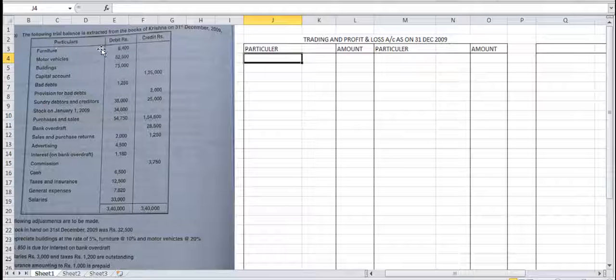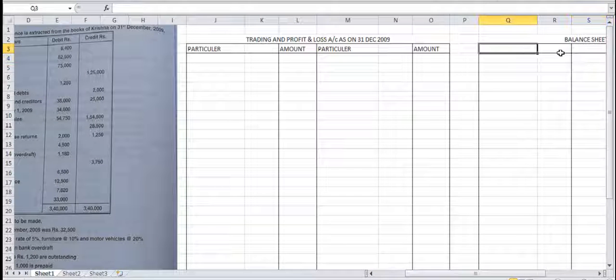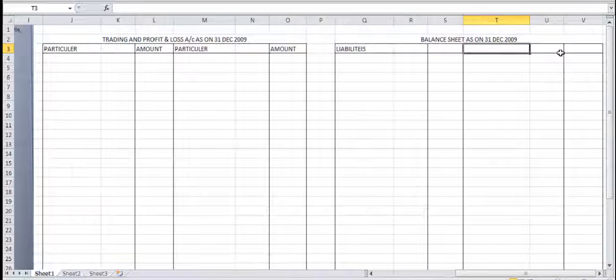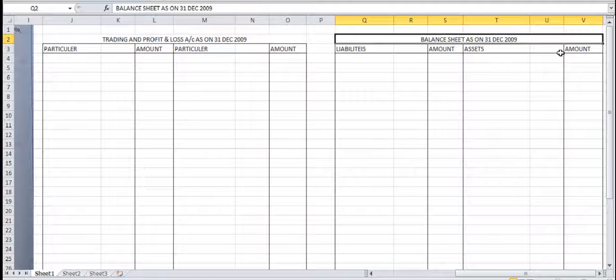Furniture should come under the balance sheet. Here you can write liabilities, amount; assets, amount.